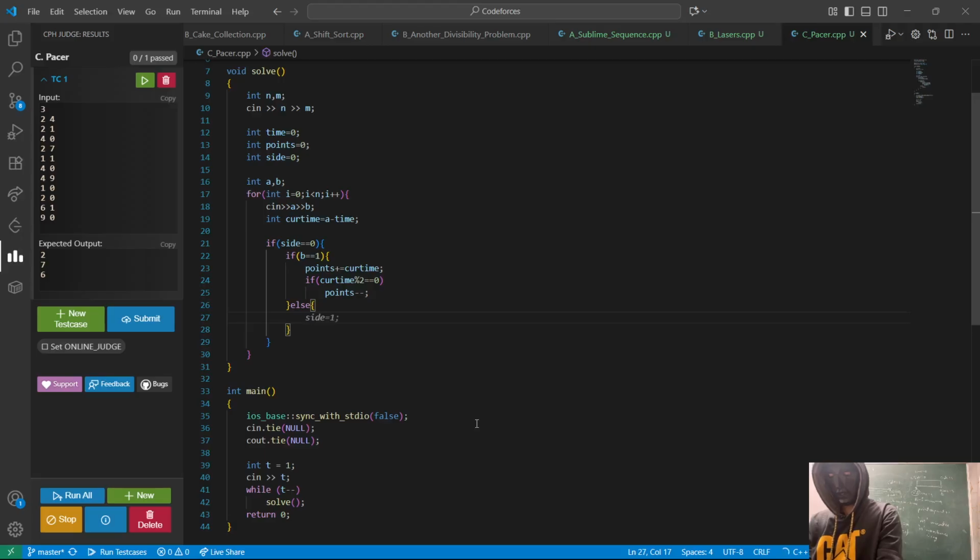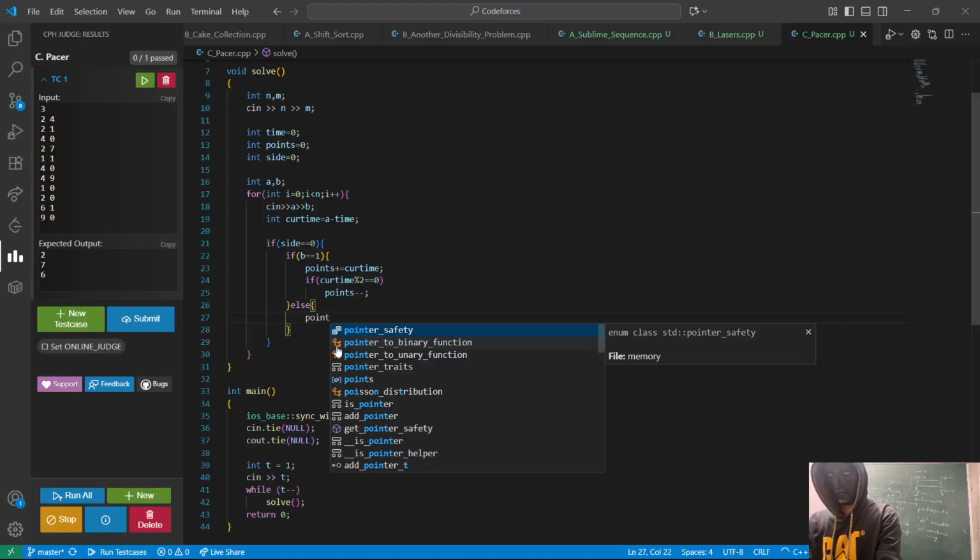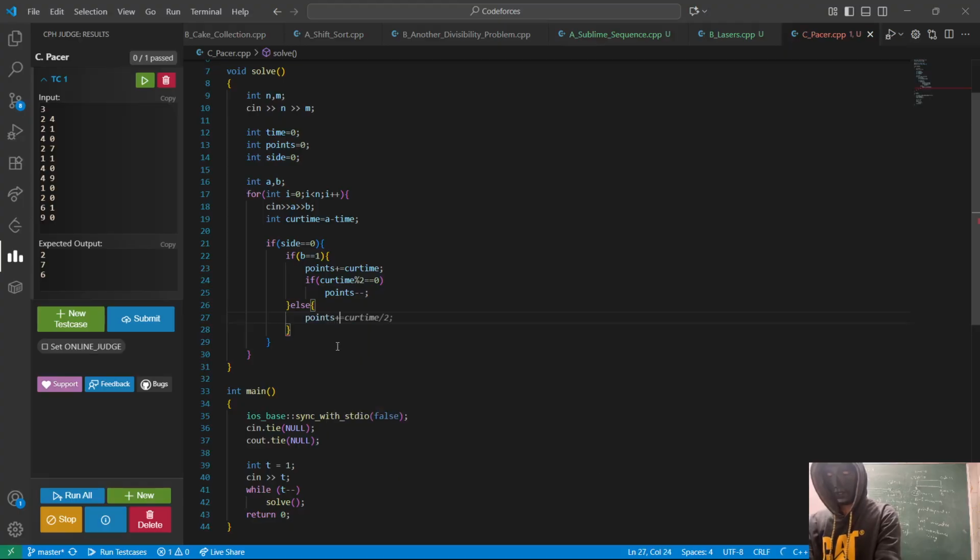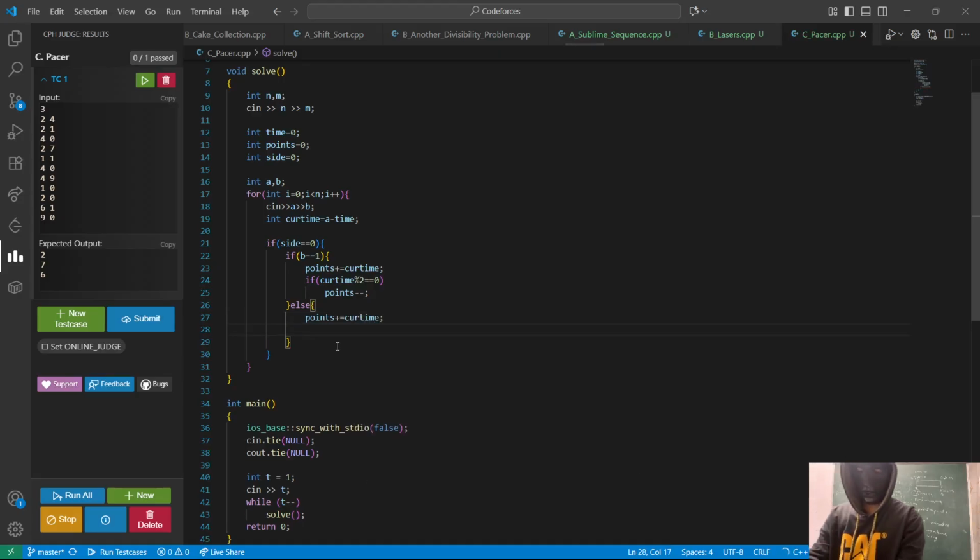And let's say you are at one end and you want to reach the same end only, like b is equal to 0 only. In that case again your points will be increased by current time, whatever current time frame you have.